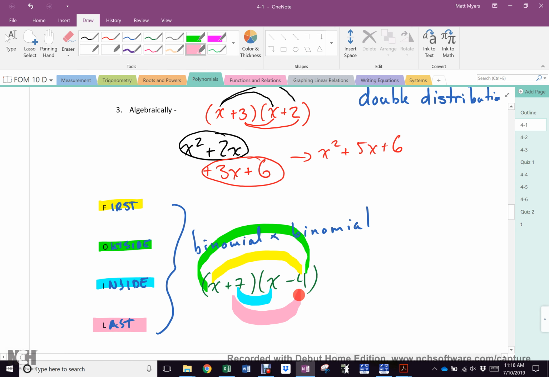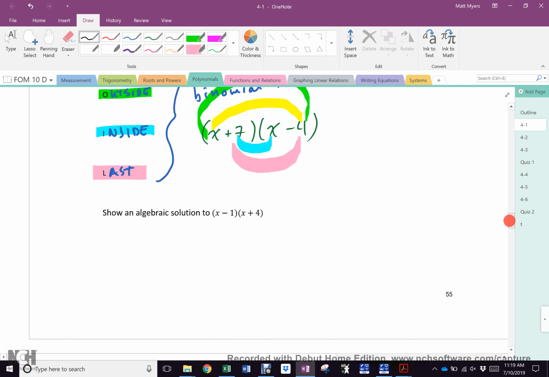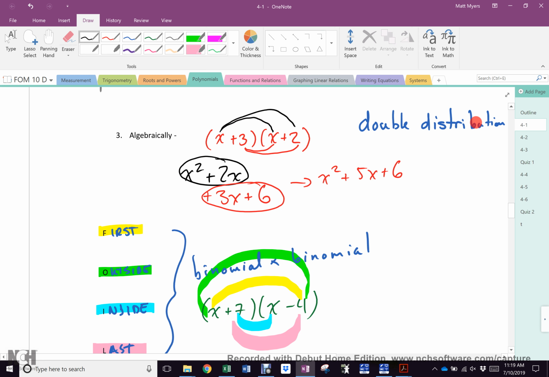Wonderful, except aren't there polynomials bigger than binomials? Of course there are. So, when you do FOIL, it only works here. I like to remember it better as extending distribution.